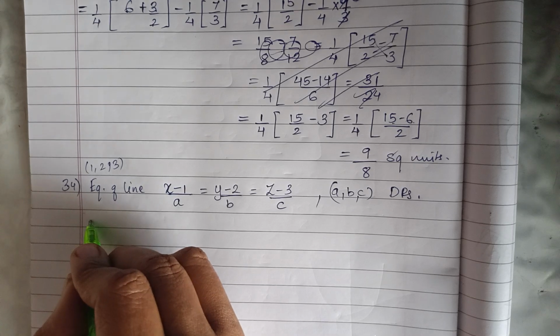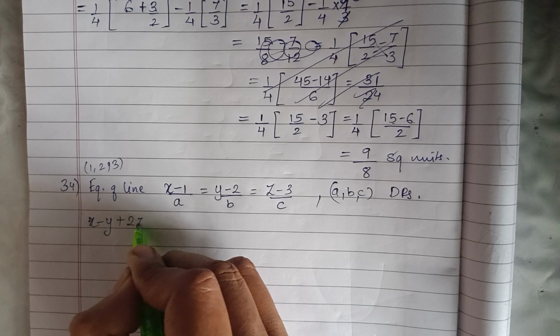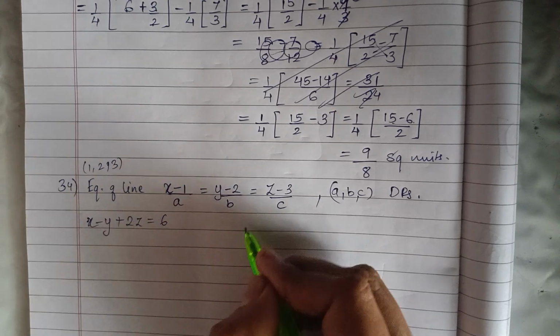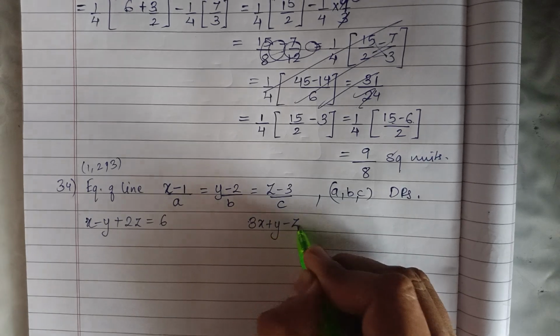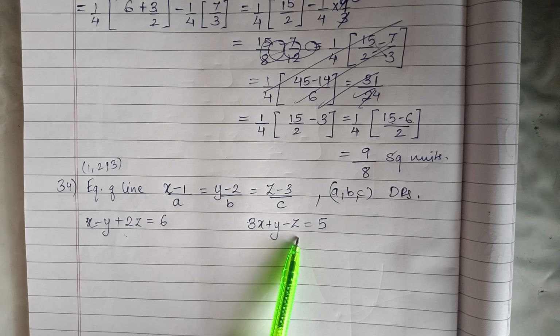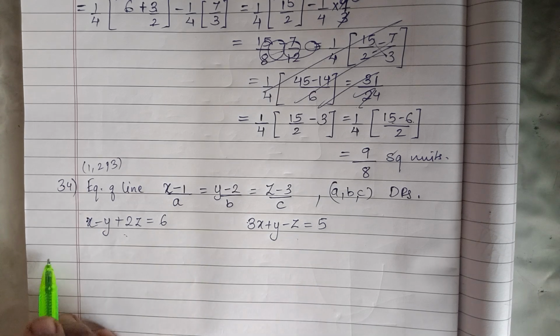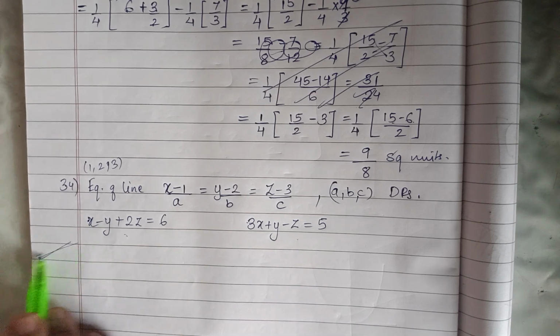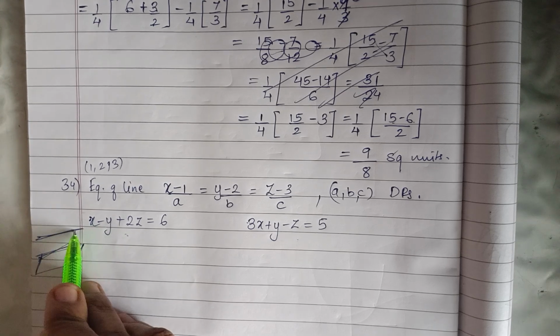Okay, now two planes are given: x minus y plus 2z equal to 6 and 3x plus y minus z equal to 5. These two planes are intersecting and this line is parallel to these planes. So if this is a plane, then this line is parallel.